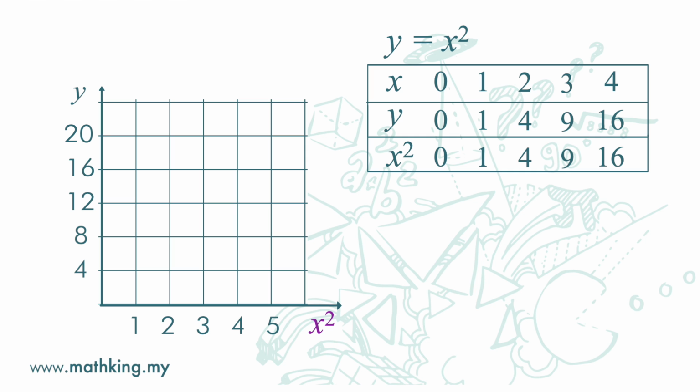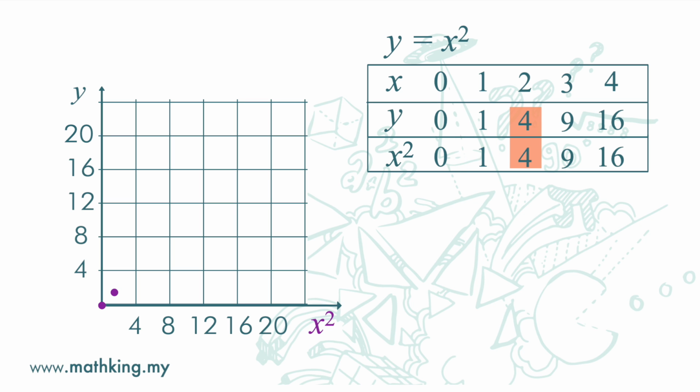So now we are going to plot these values on a graph with y on the vertical axis and x squared on the horizontal axis. When x squared is 0, y is 0. When x squared is 1, y is 1.